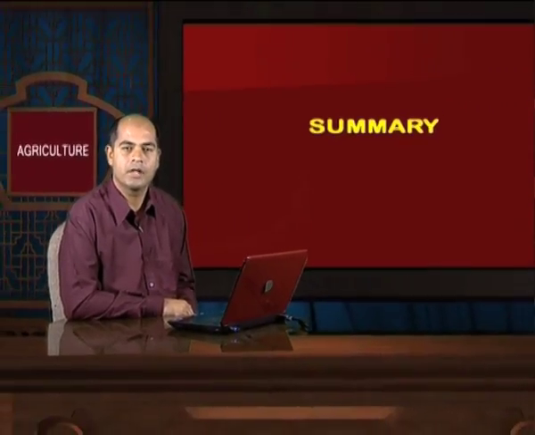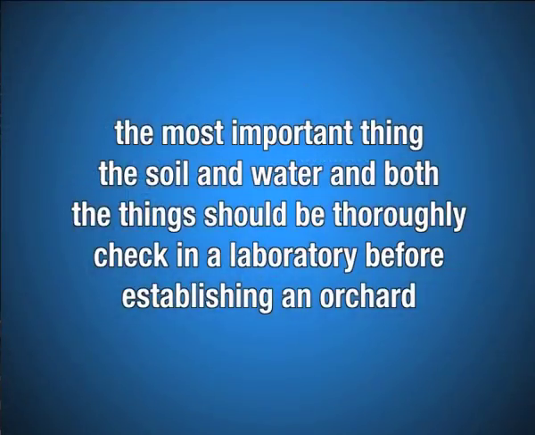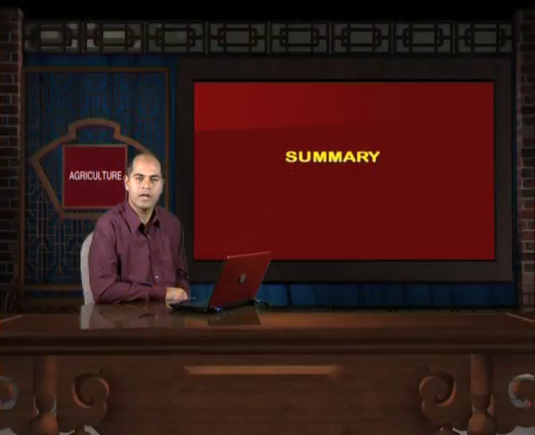Further, we also discussed the selection of site, which requires considering the climate of the area in which we are planning an orchard, the availability of labor, and the most important things, soil and water, both of which should be thoroughly checked in a laboratory before establishing an orchard. The other things are social factors, because we have to place some persons for the regular orchard works, so they should feel at home while they are working.